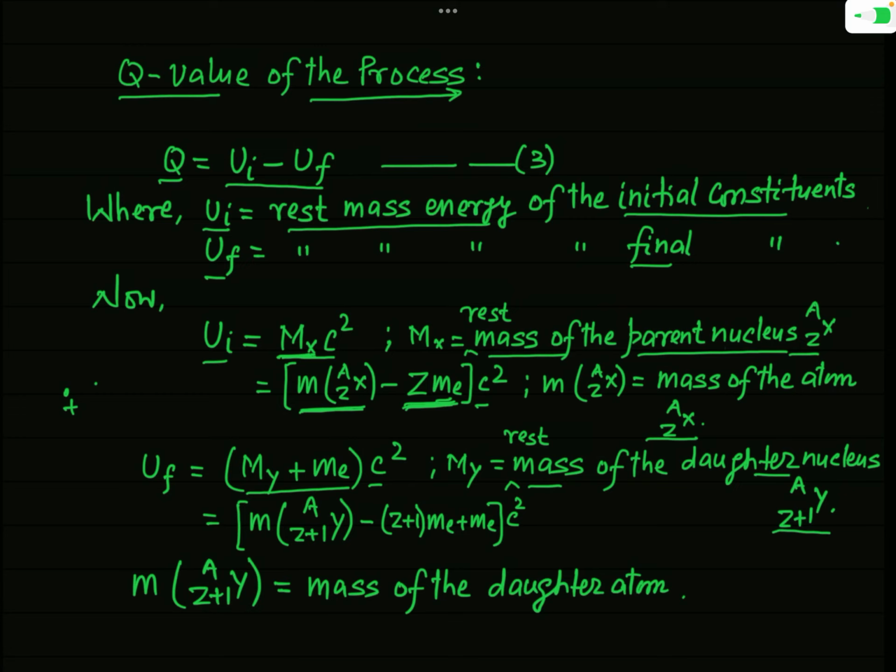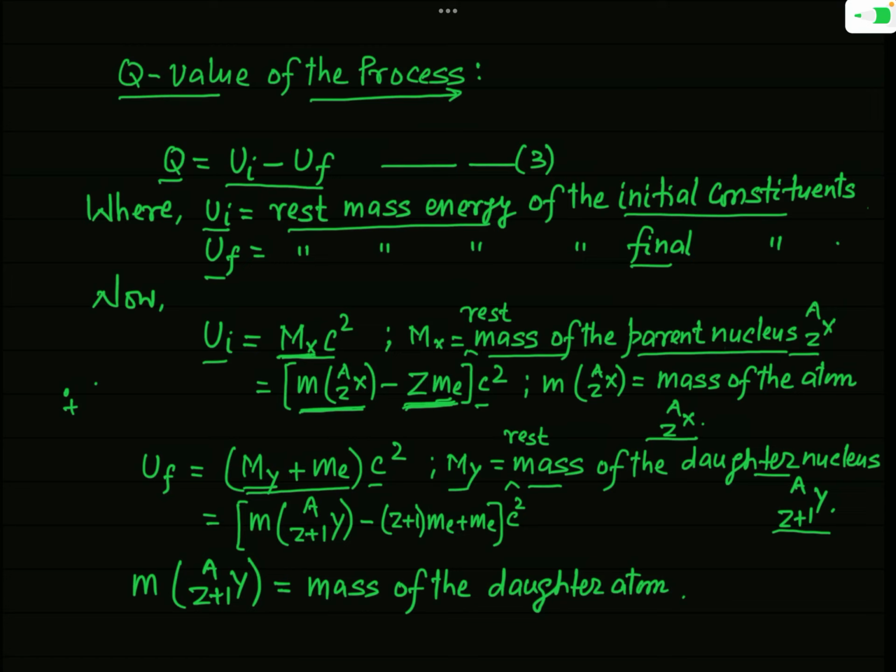Mark it. This capital M_Y represents the mass of the nucleus. But as in our calculation we are considering the mass of the atom, not of the nucleus, so again we will find the value of M_Y in terms of the mass of the atom of the daughter nucleus.